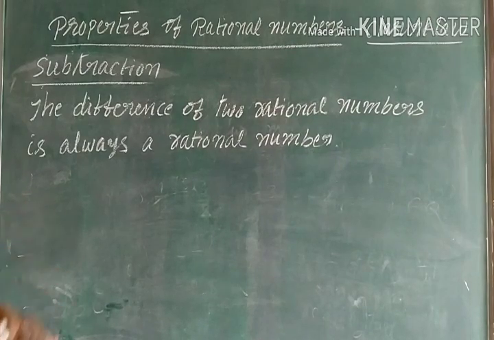So, the difference of two rational numbers is always a rational number.